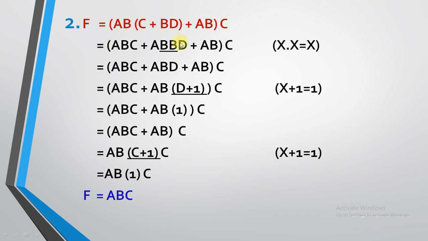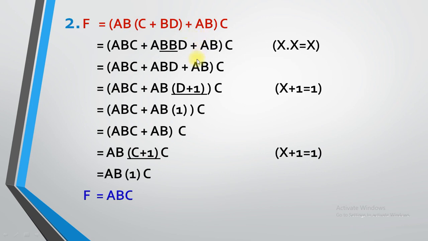First of all, simplify the bracket, then come to the variable C. So let me repeat this once again. I am going to multiply the value of AB with C plus AB BD. So with the first term, with the second term, and this AB is already given.